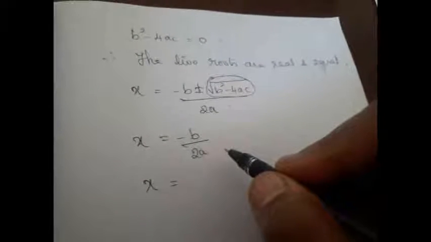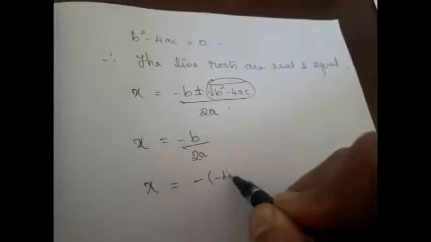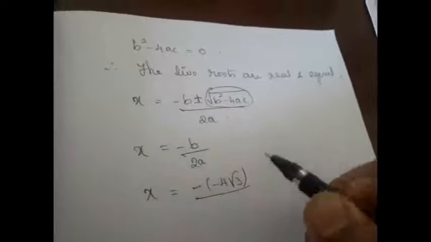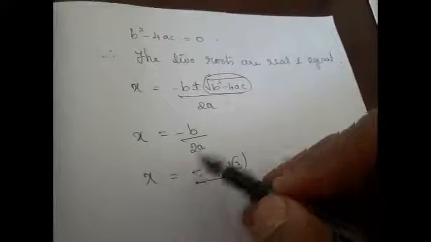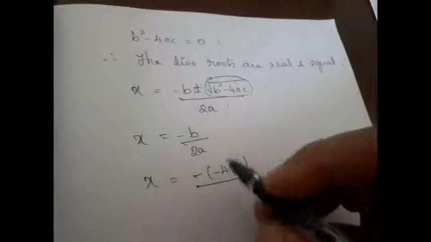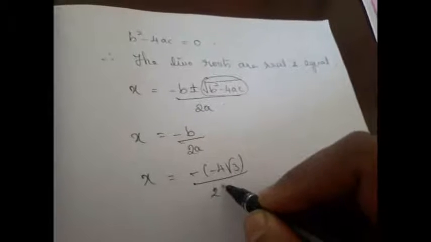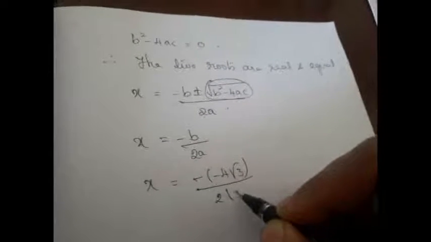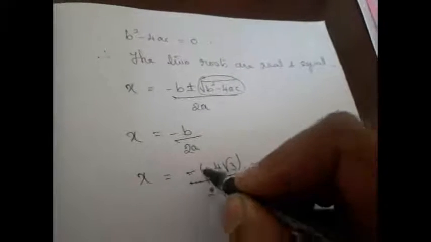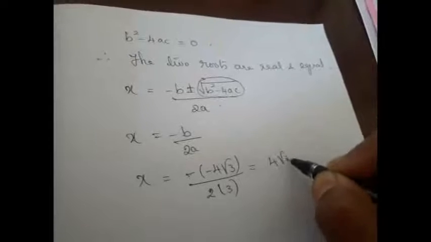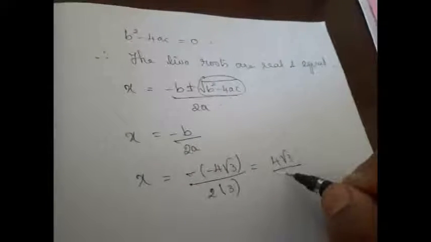So what are your roots then? What is b? The b value is minus 4 root 3. You have to be careful. Already you have minus here. So minus of minus 4 root 3 divided by 2 into what is a? a is 3. So minus into minus becomes plus 4 root 3 by 2 3s are 6.